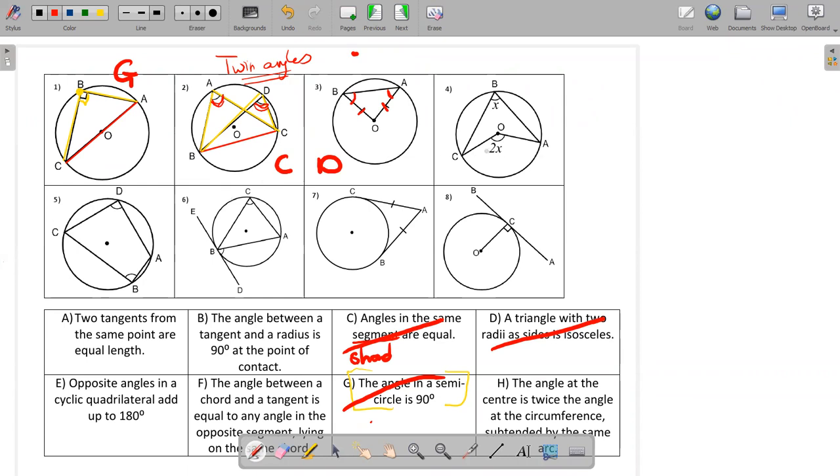All right, number 4 is easy. Same thing that we saw before. Both angles are drawn from the same starting point and ending point. But what is the difference here? Anybody could tell the difference? One has gone to the center and one has gone all the way up to the circumference. So which rule is this one?